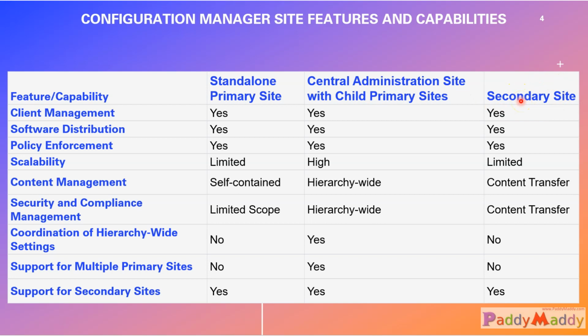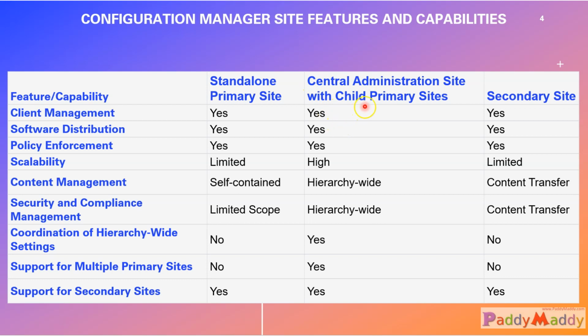You know that by this time, because for the last 28 minutes we talked about how the secondary site is meant for data transfer, and clients in low bandwidth locations can benefit from the secondary site. That's what we learned. So let's look at it feature-wise. Client management: can we manage it? Yes, you can do it from a standalone primary. You can also do it from the central administration site, or CAS site.